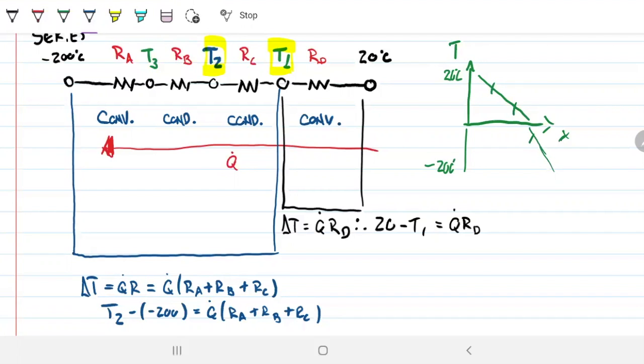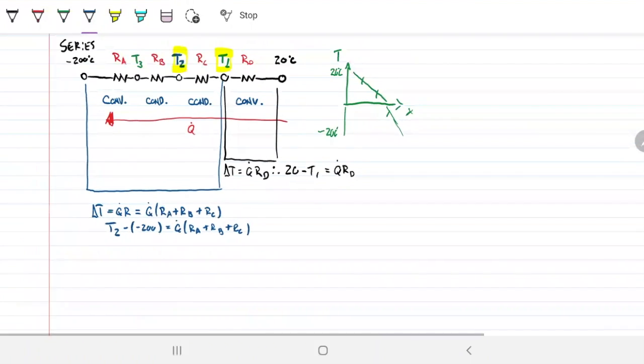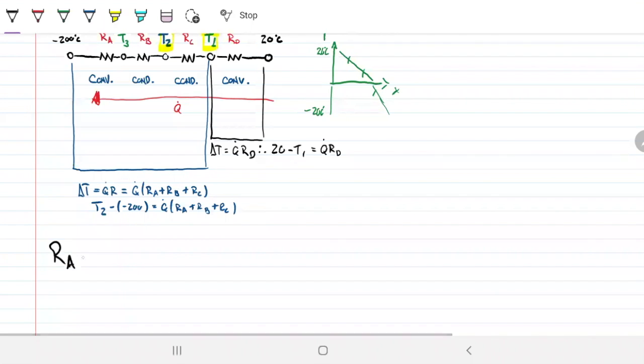I'll just leave this here, I guess. Okay, so we can start with our RA, just to keep the letters going. Our RA is a convective resistance. So whenever it's convective, we're going to do 1 over hA.